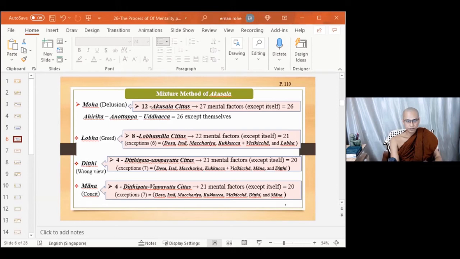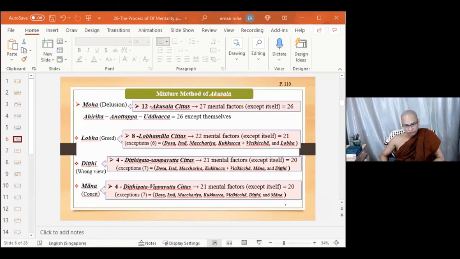You mentioned that there are 27 mental factors except self. So I noted that it seems we have to remember those mental factors, but I don't understand the details of these 27 mental factors.